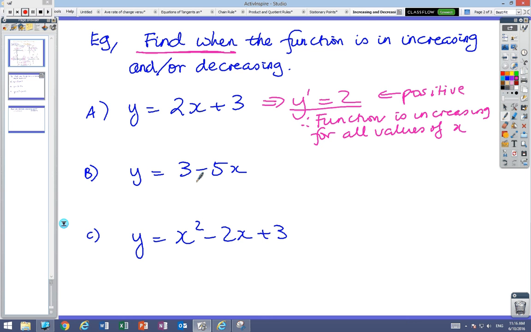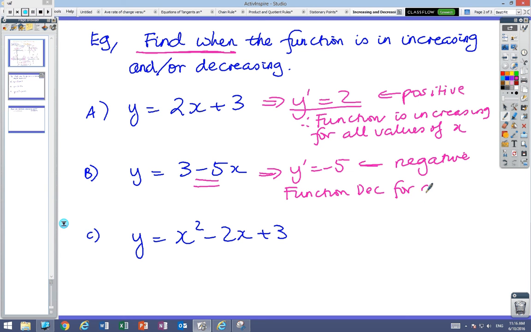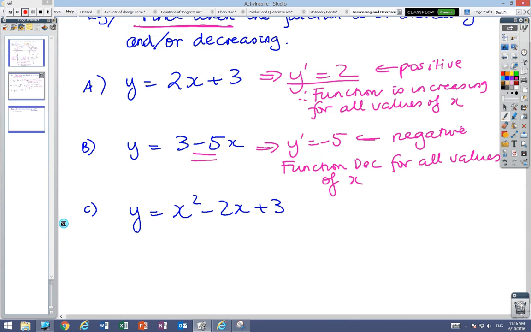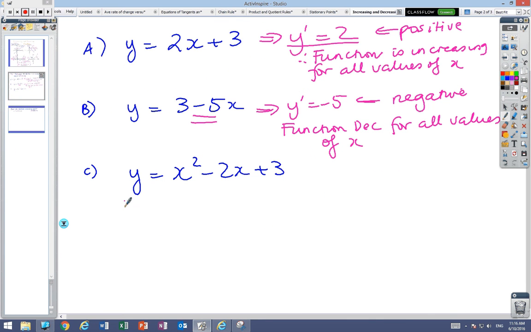In this next one, y dash equals -5, the gradient is -5, that's a negative number. So the function is decreasing for all values of x. On the next page, we're going to have some changes. So we've got y dash equals 2x minus 2.